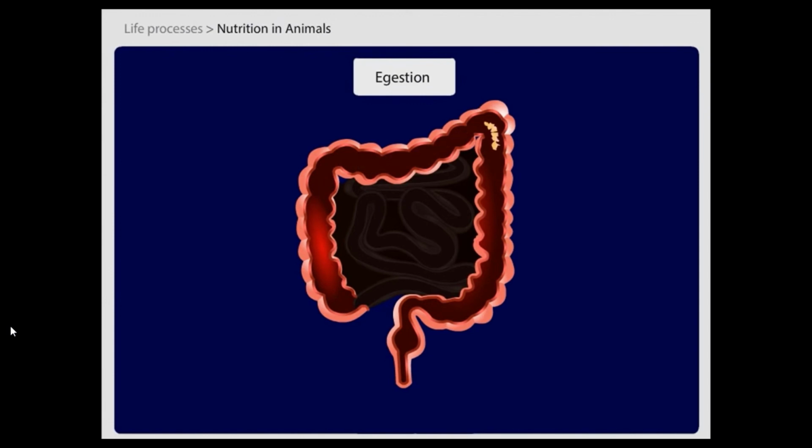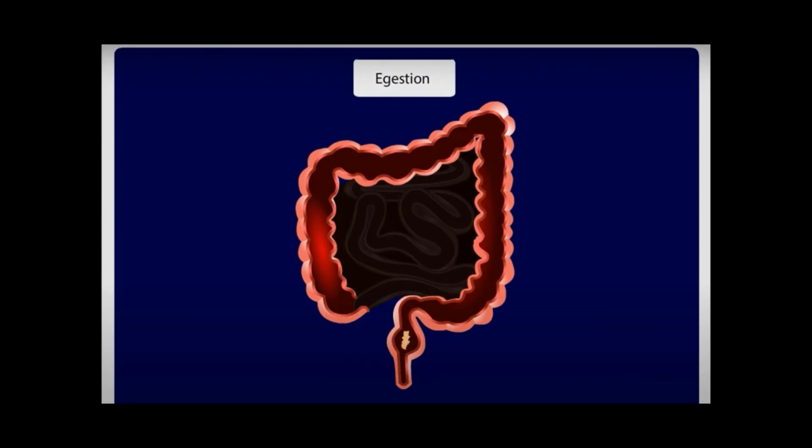The last part of the large intestine is called the rectum. It stores this undigested food for some time. Then it is thrown out of the anus. This act of expelling the feces is called egestion.